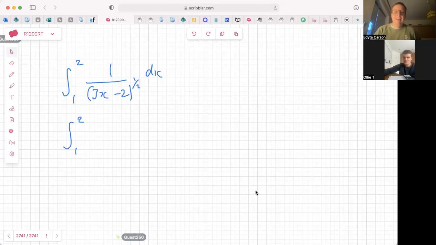Which would flip it. What would it look like after that? It would be 3x minus 2 to the power of 1/2. But that's not the same thing, is it? Because at the moment it's 1 divided by that. If you just call it the same thing but on top, it's not the same thing.